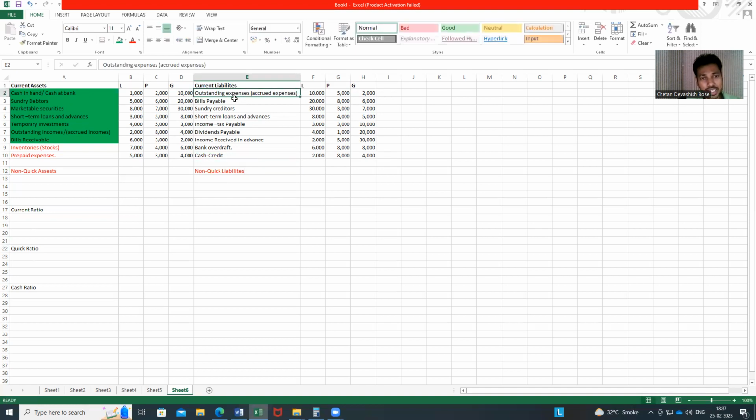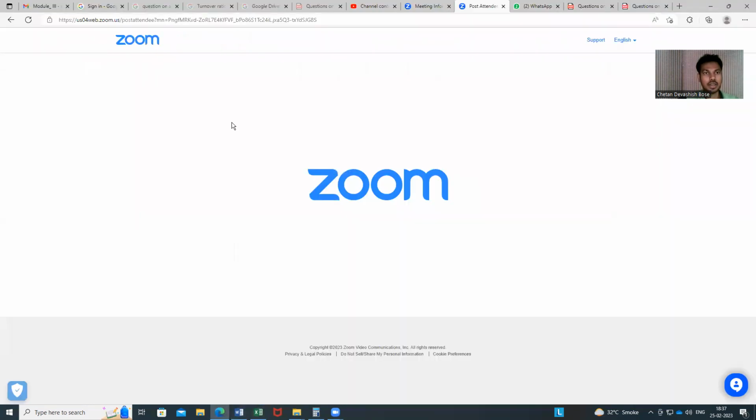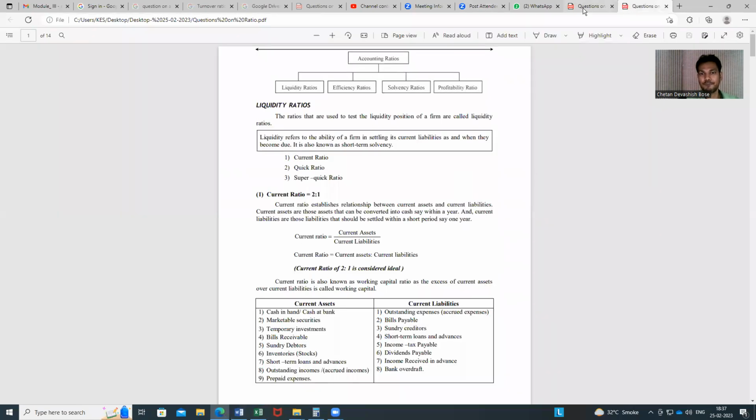Current liabilities में outstanding expenses या फिर accrued expenses, bills payable, sundry creditors, then short-term loans and advances, outstanding income, short-term loans and advances. So it will create a confusion for you.